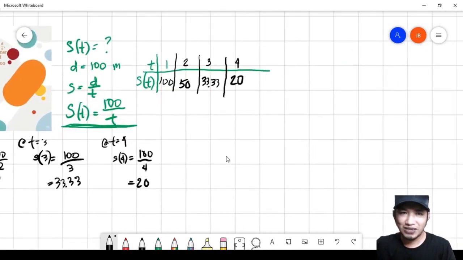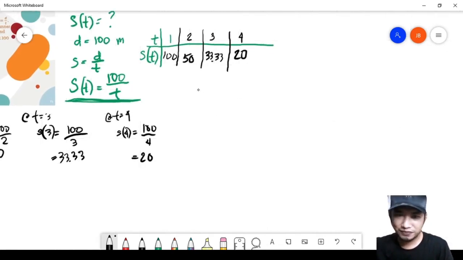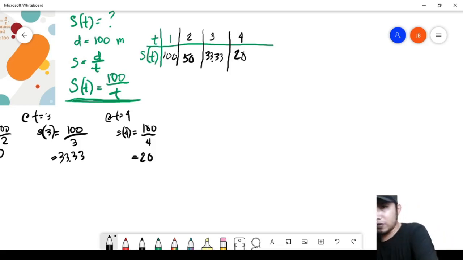Okay? So, let's graph. Okay, let's graph. Okay, so meron, kilo naman. Kilo siya. 20. Ano kayang gawin natin para mag-story?